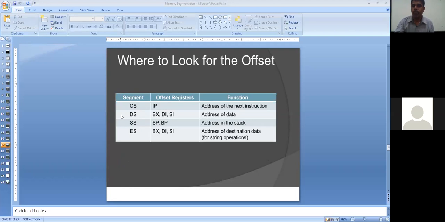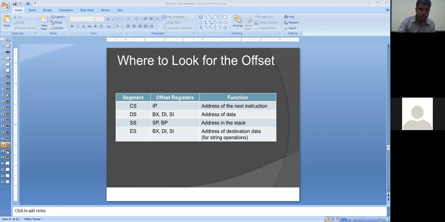For the data segment, the offset is stored in the BX register, destination index and source index registers. For the stack segment, we have the stack pointer and base pointer to hold the offset. And for the extra segment, we can use the BX register, destination index and source index registers.